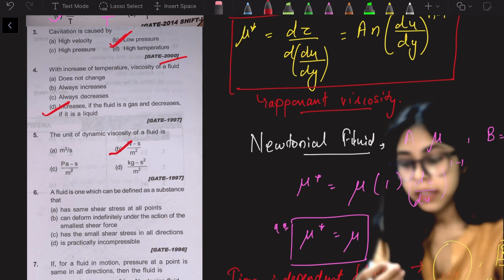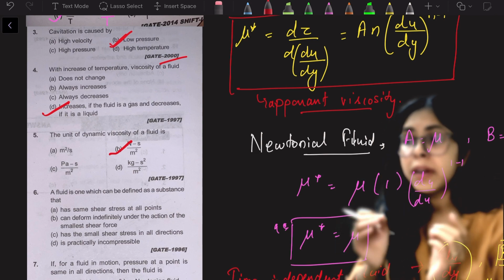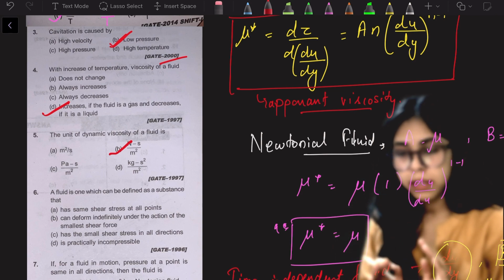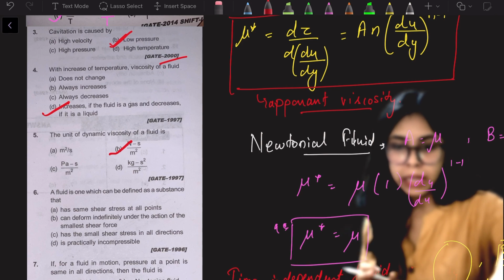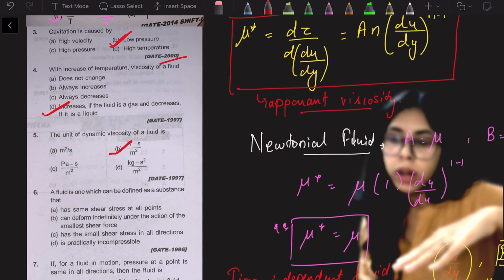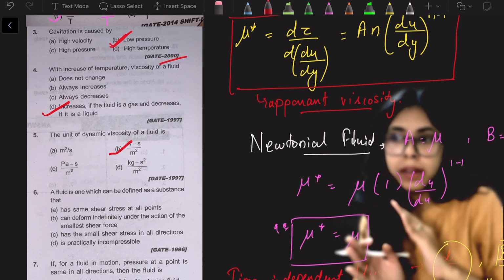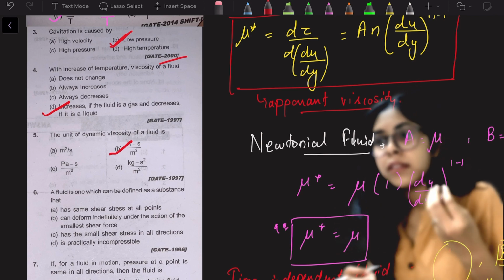Yes, it does, but it can deform indefinitely, though there are some forces. For example, water: if we put water on a sloping place, it will go down, but at some place it will stop because there is friction and surface tension.